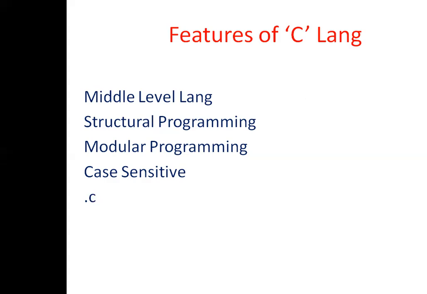Suppose I have opened a Word document, written something, and I am saving the document. While saving, it will ask to give a name. I give the name of that Word document as ABC. Then I open a C program editor and write the code for addition of numbers in a C program.